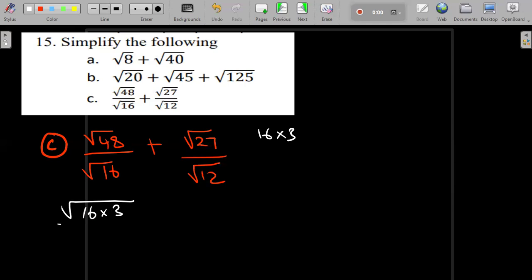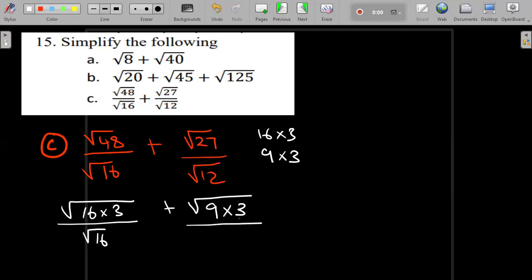And then divided by the root of 16 down there. And then plus this 27 here. We know we can write it as 9 multiplied by 3. So it will be the square root of 9 multiplied by 3. Then we're dividing this by 12. 12 we can write as 4 multiplied by 3.